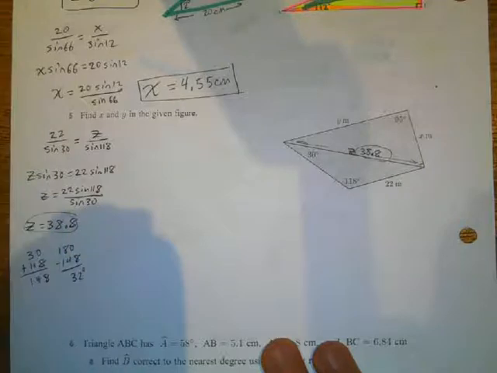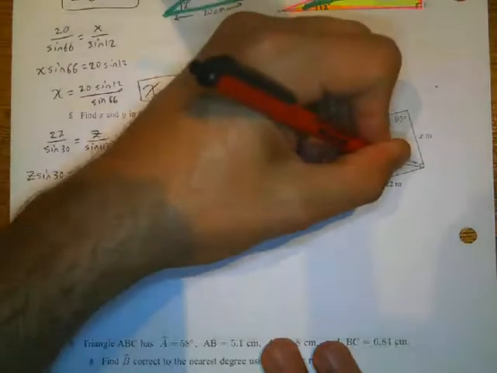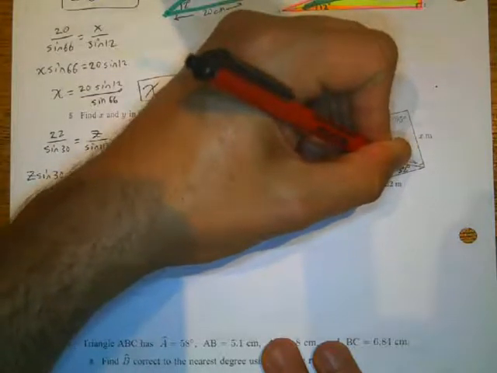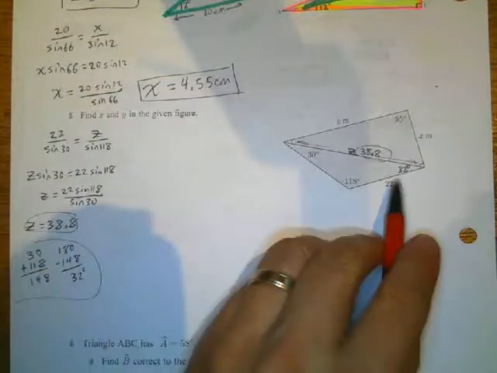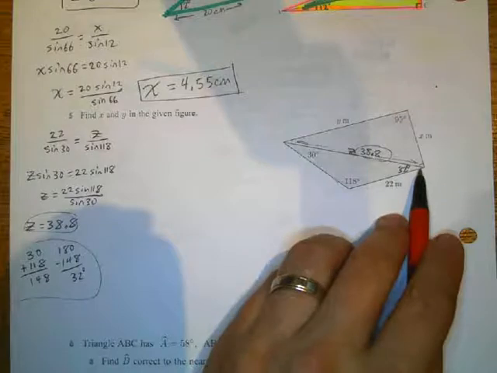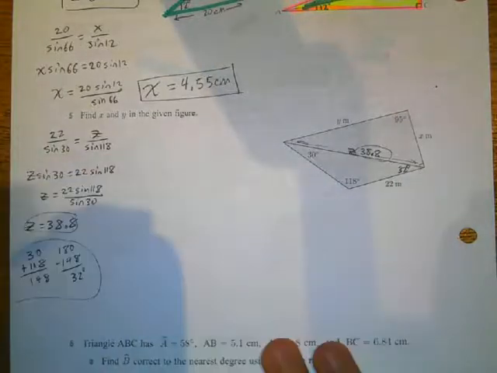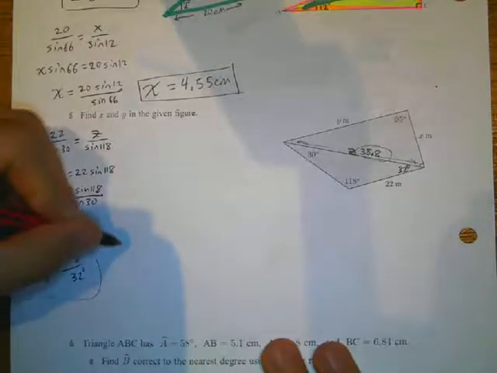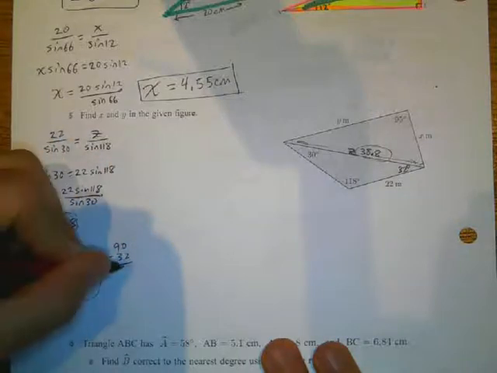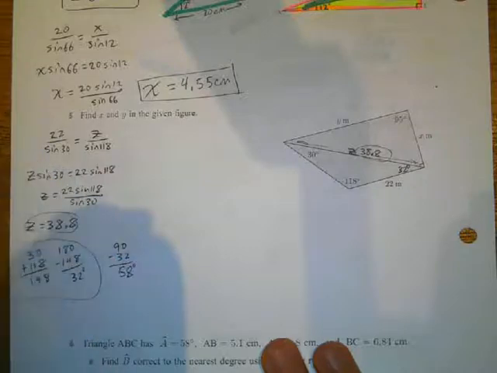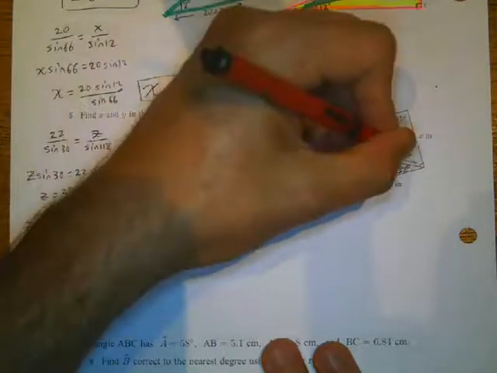So now I know this angle here is 32 degrees. Now notice here there's a little square, so that's a right angle. So I can do 90 minus 32 degrees, and then we get 58 degrees. So I know this angle here is 58 degrees.